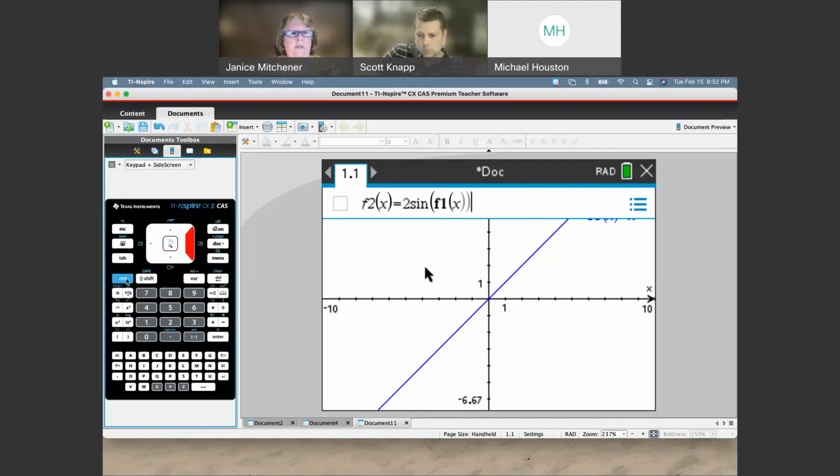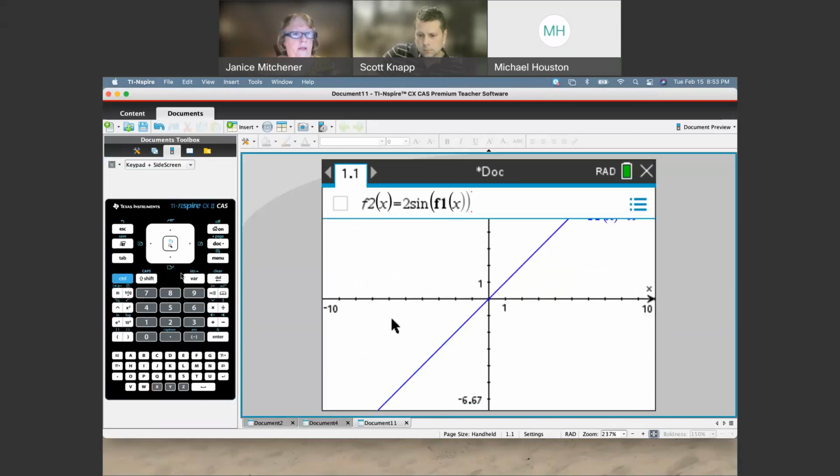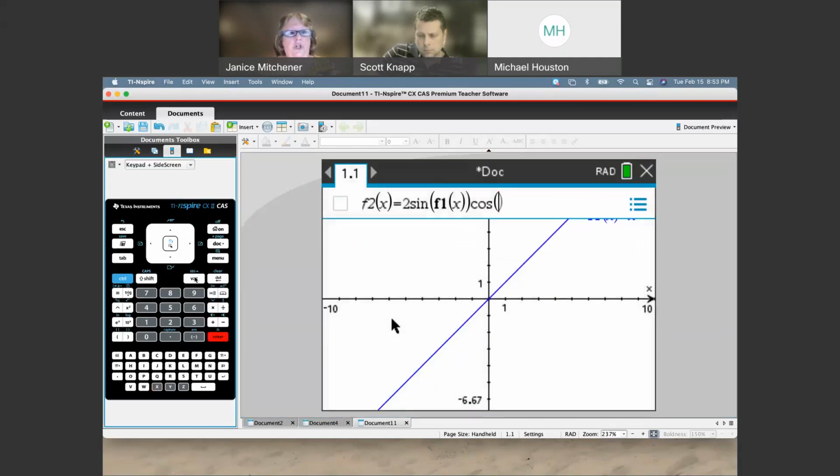Now I'm going to hit control. No, I don't. I just want trig. I knew I was going to do that. So I hit trig, and now I'm ready for the cosine. And now I'm ready for my vars for the variables. And I want to have F1 there again. Okay, so I do train them on that I want that to come in.